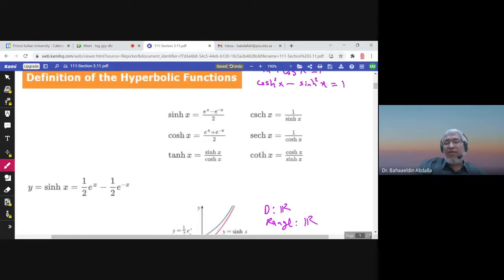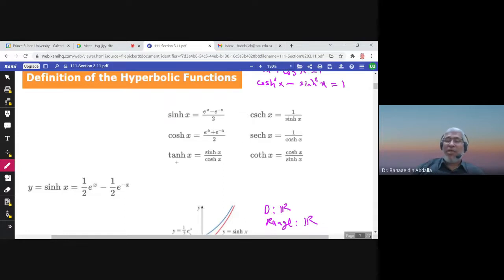Now, for the other functions, the definitions are similar to the trigonometric functions. So for example, what is the reciprocal of sine in the trigonometric functions? It is cosecant. So here the reciprocal of hyperbolic sine is hyperbolic cosecant, and the reciprocal of hyperbolic cosine is hyperbolic secant.